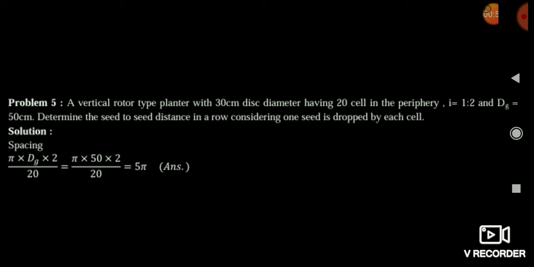Friends, first thing you should understand is that seed to seed distance only has a relation with the ground wheel diameter and ground wheel rotation. It can't be affected by the rotor diameter or rotor speed. Seed to seed distance only changes with the ground wheel speed or ground wheel diameter.